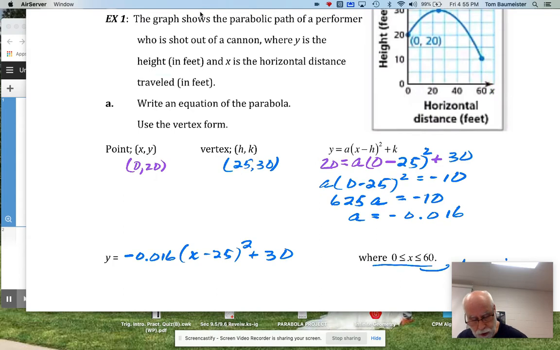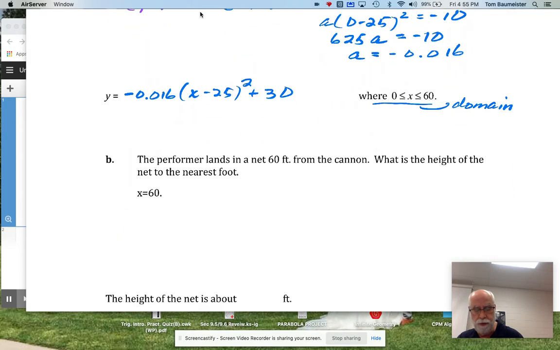The performer lands in a net 60 feet from the cannon. What is the height to the nearest foot? All we have to do is plug in x equals 60, and that will give us our height.